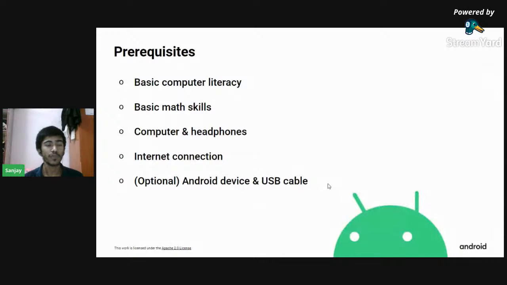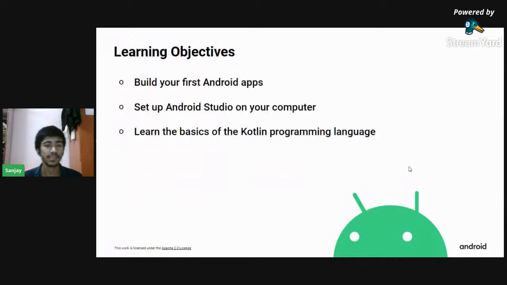Then, optionally, you may use your physical cable. It is optional because there is an option to use an emulator. If your system does not support the emulator, you can shift to an Android device.